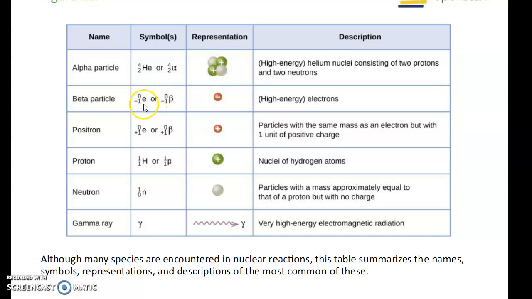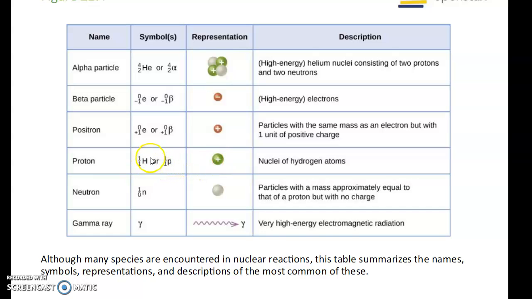A beta particle is essentially a high energy electron, and so it has a -1 charge. It does not have any protons at all, and no neutrons at all. A positron is a particle with the same mass as an electron, but with 1 unit of positive charge. The proton, we know what that is.